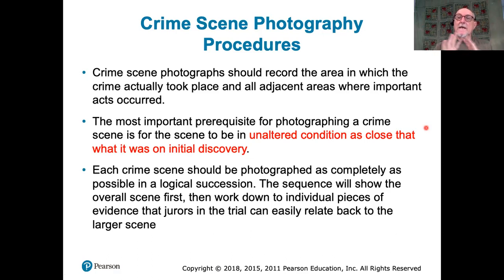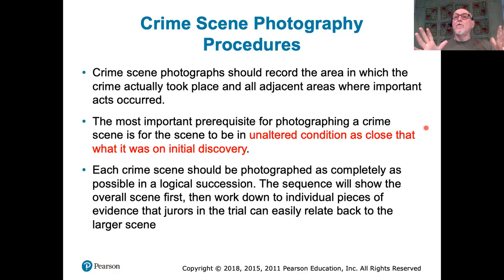The photographer may take pictures of the outside of the house to establish where the entry is, where the exits are, etc. And then take photographs which, as far as possible, show something of the layout of the house, and then overviews of each of the rooms with particular emphasis on any area where a particular crime has taken place.